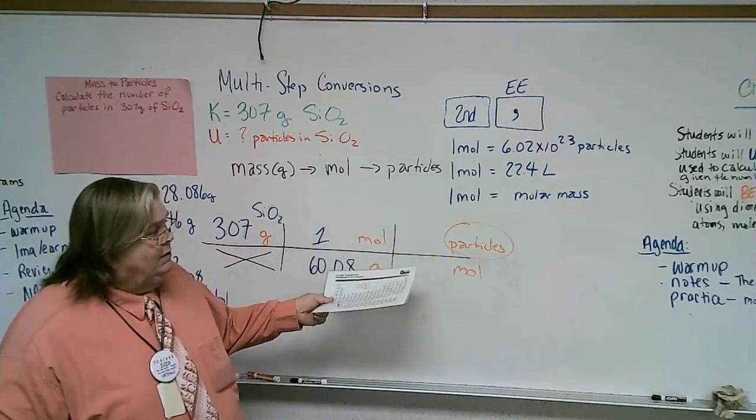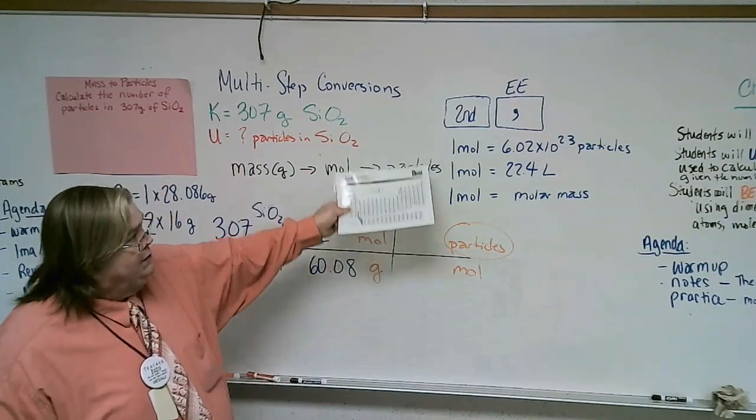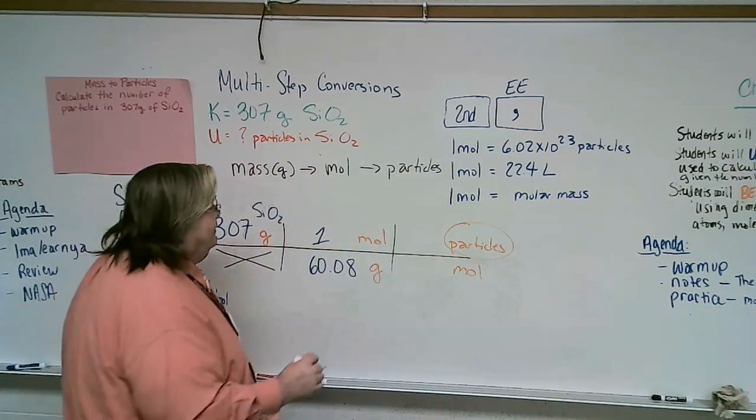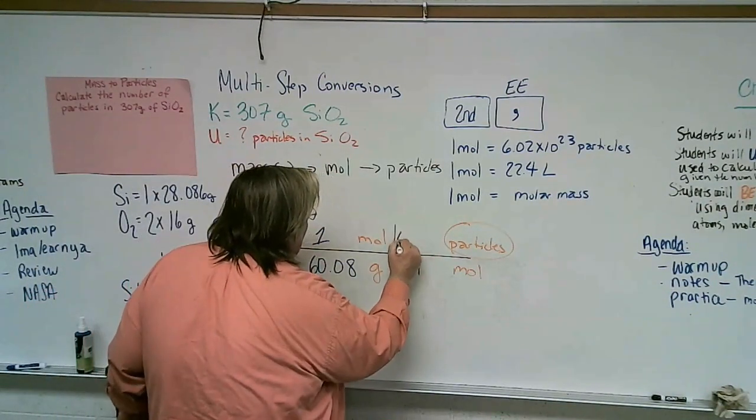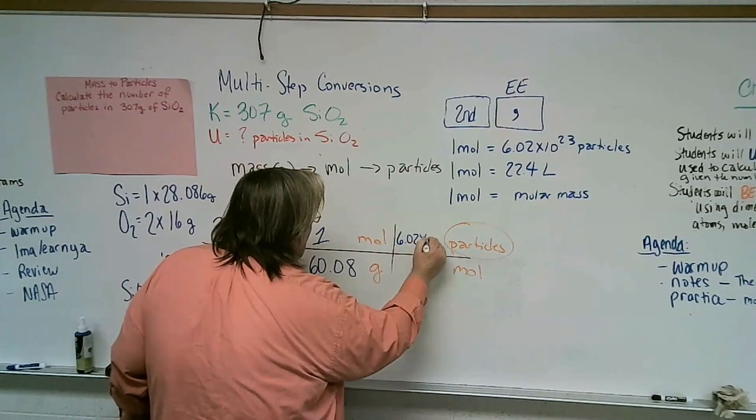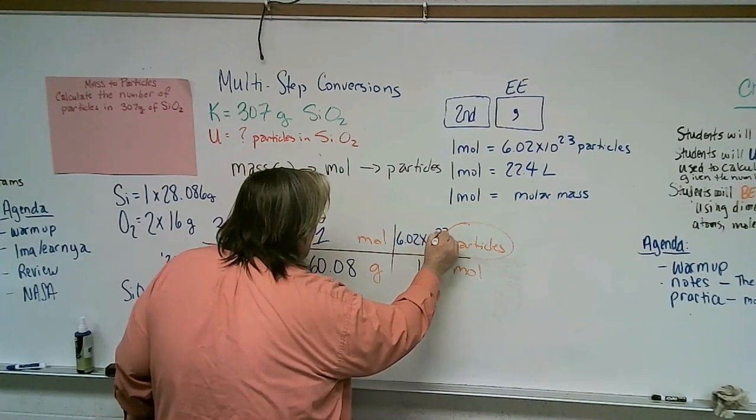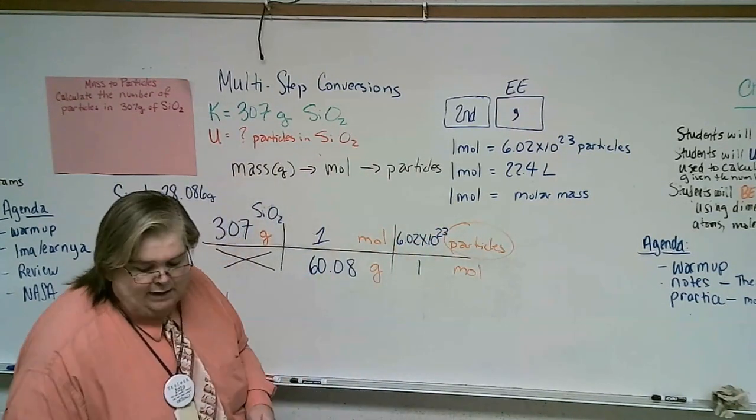Our next conversion is between particles and moles. Well, we have it right here. 1 mole is 6.02 times 10 to the 23rd particles.